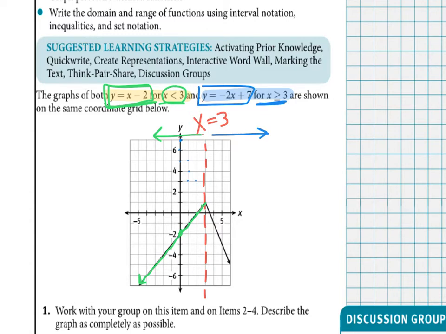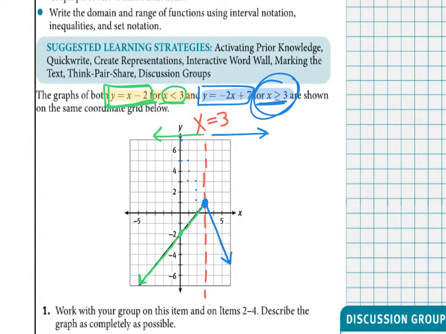Down 2 over 1, down 2 over 1. So it doesn't start till there, though. We're not showing the part on the left, right? I'm not showing this part of it because this is like the restriction on x values. We're only showing the rest of the line right here. So it's two different lines being pieced together to form a single function.